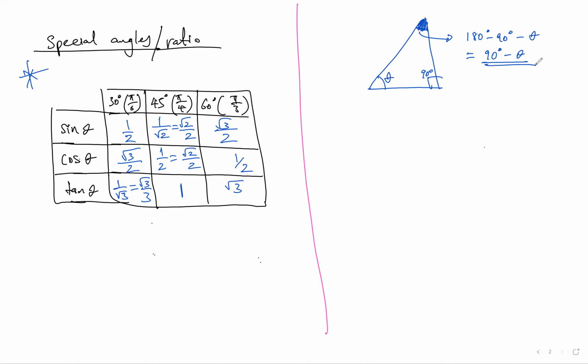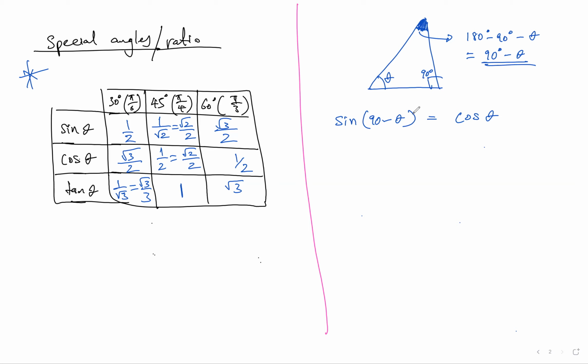So based on this, I can come up with the following ratios. So I can talk about sine 90 minus theta. Okay, so 90 minus theta is this one. Which will be the same as, the ratio will be the same as what? Cosine theta. You can check for yourself.